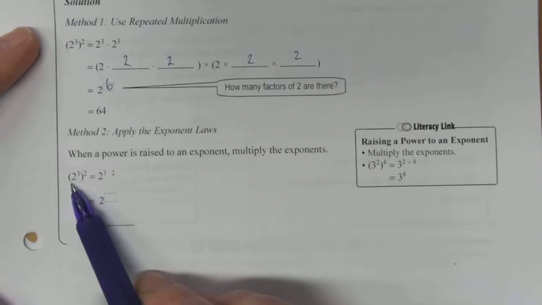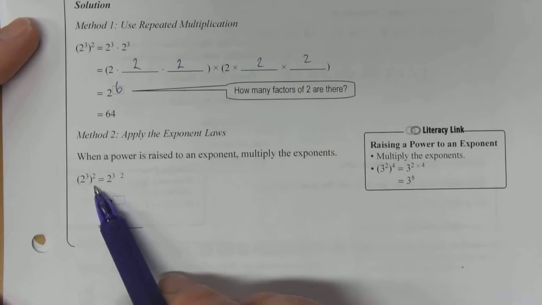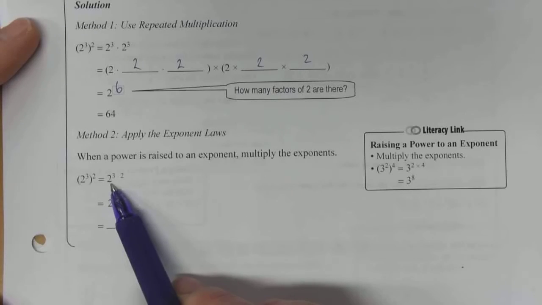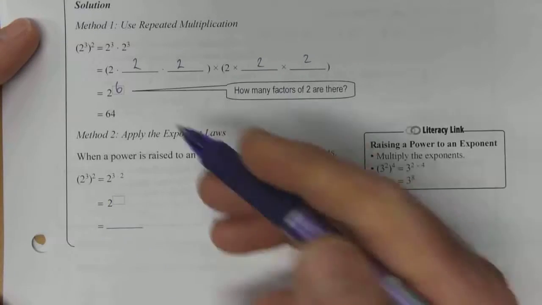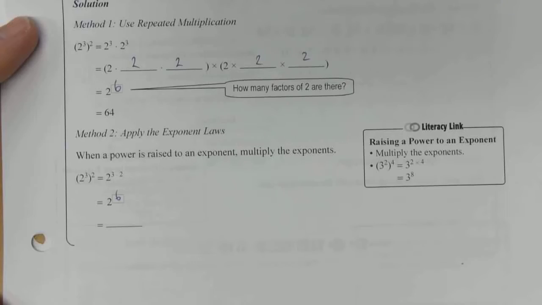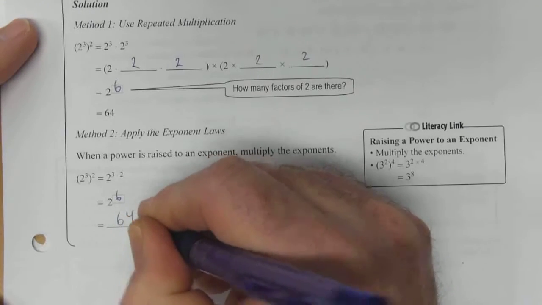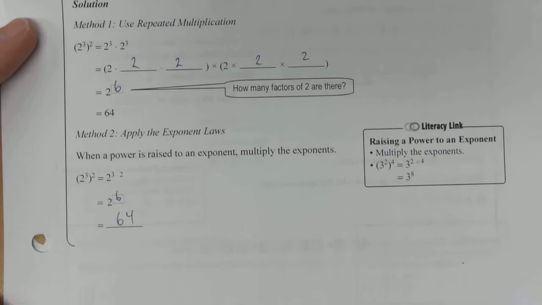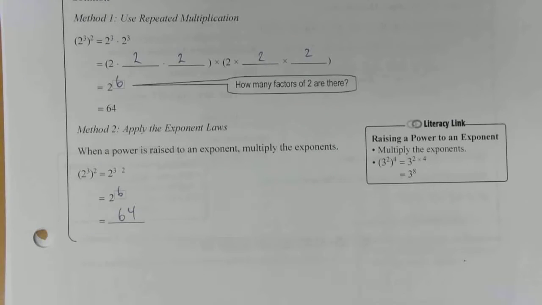So 2 cubed all squared becomes 2 to the power of 3 times 2, or 2 to the 6th power. And then when you calculate that out, it works out to be 64. So that is the third power law.